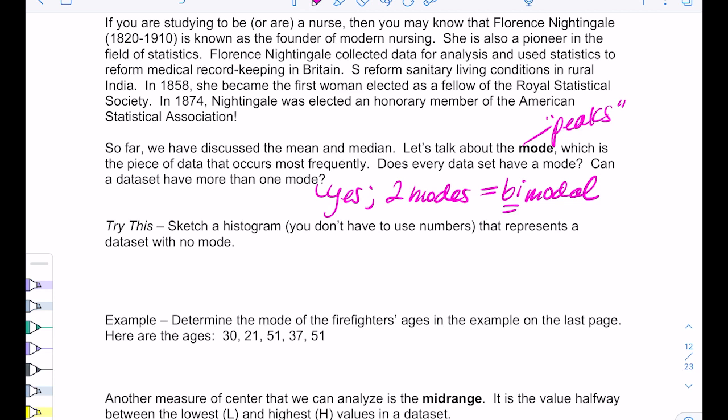If there's no mode, there won't be any peaks. So if I was to look at a histogram, the bars would generally all be the same height. There would be no peaks, so that data set would have no mode.